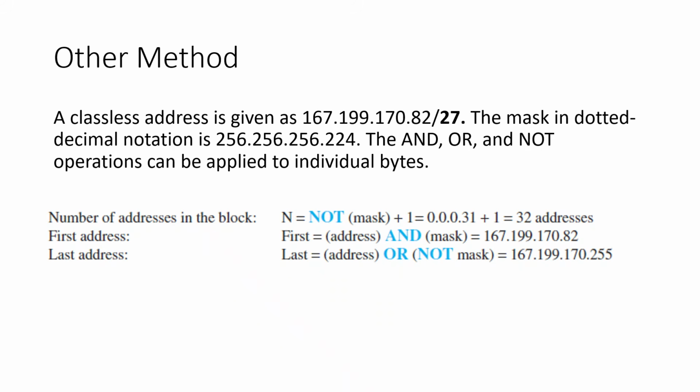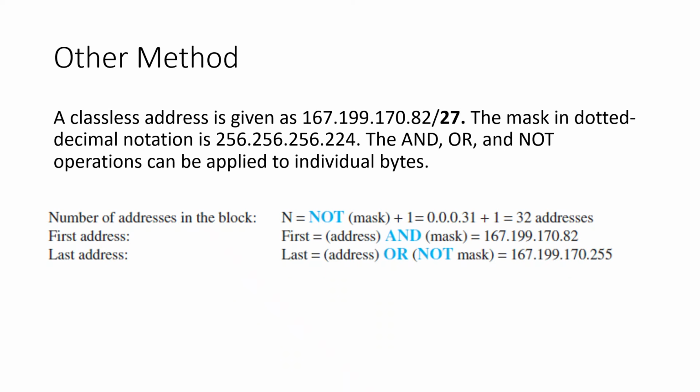The same example we are taking here, and solving using a different methodology. We are going to find the total number of addresses, the first address and the last address. So the first address is obtained by applying the AND operation between the given IP address and the mask. You will get the first address.